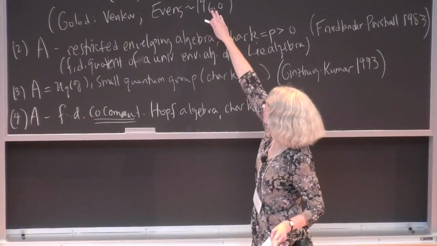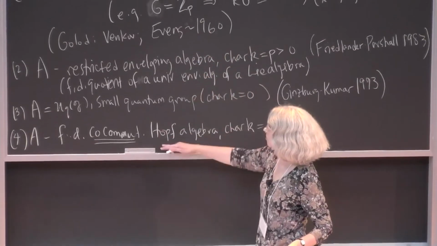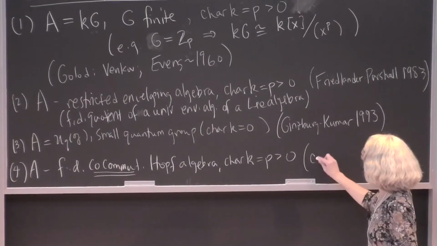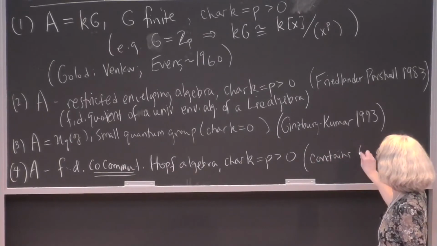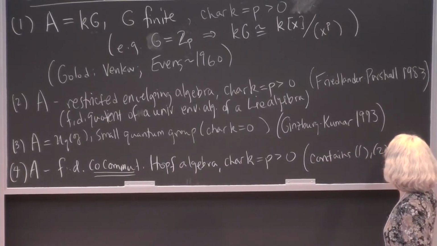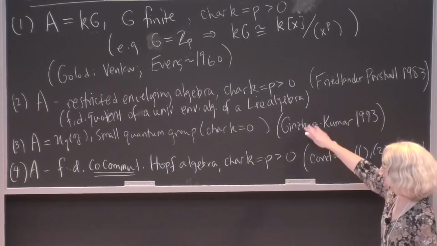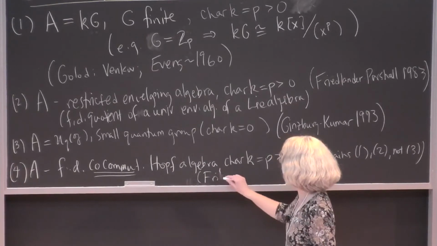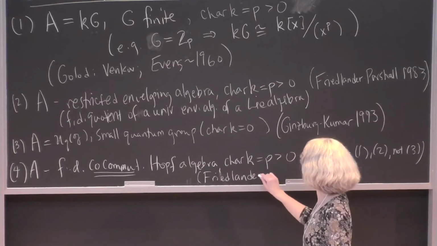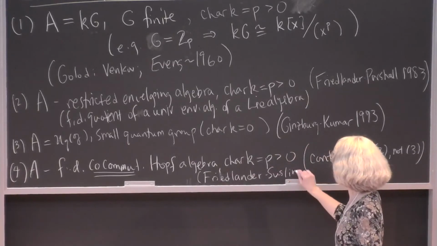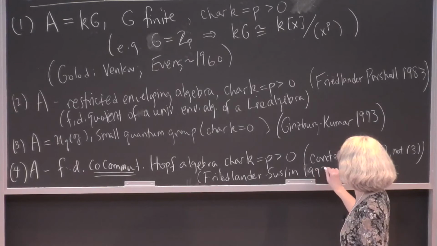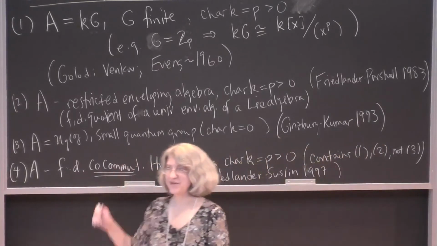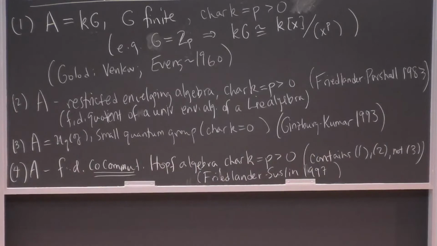And the group algebras and the restricted enveloping algebras are both co-commutative. So 4 contains results also for 1 and 2, but not 3, which is not co-commutative. And this is due to Friedlander and Suslin in 1997. Okay, so this was a really big deal, right? All co-commutative Hopf algebras, also known as finite group schemes, viewing them a little bit different way. So this was a really big result.